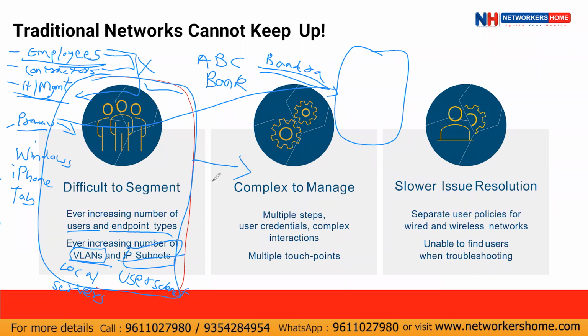And the ultimate thing is it becomes very complex to manage. We have multiple steps, multiple user credentials, one for logging into the network, one for logging into the server, complex interactions, multiple touch points. This is nothing but the configuration which I have to do specific to my user.